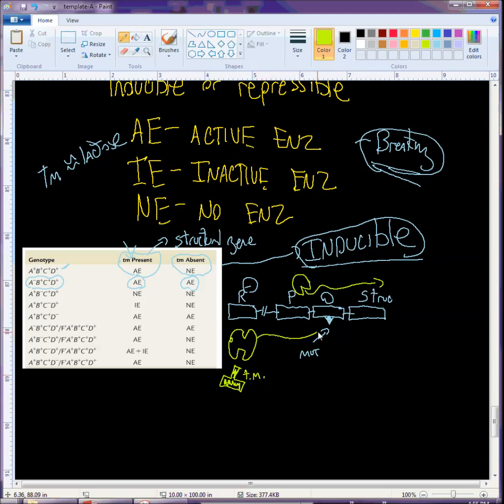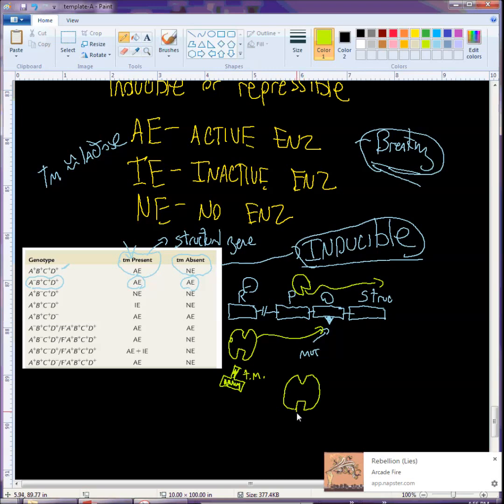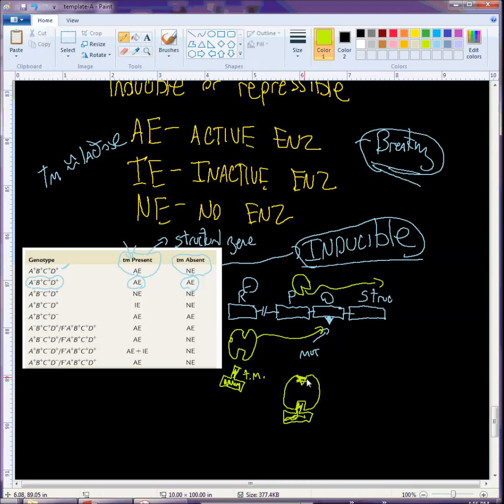Okay, this normally binds here and prevents transcription, but if the theoretical molecule is bound, it can't bind. But if this was mutated in a way where this can't bind here, well then this would always be transcribed, whether or not this theoretical molecule is present, right? Okay, so we can have either mutation here or here.